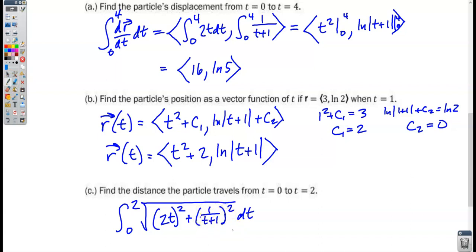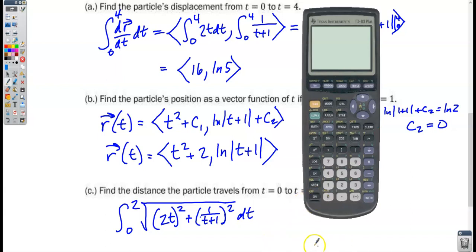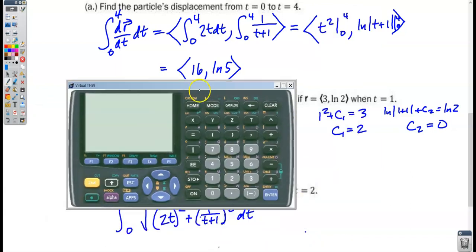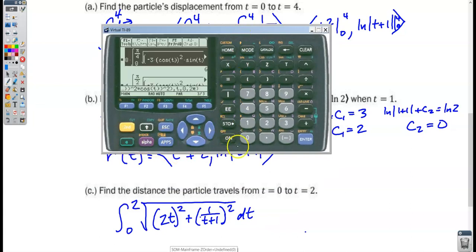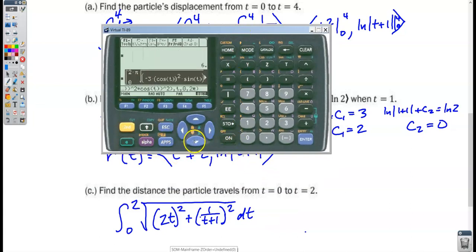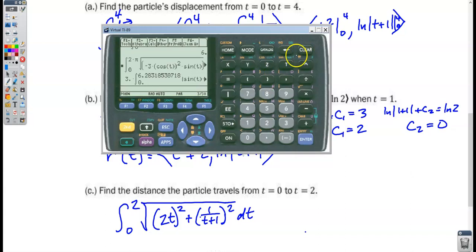And most of the time when we're doing these vector functions, say on our AP exam, we're going to have our calculator to help us. So we'll take the integral of the square root of the quantity 2t, quantity squared, plus the quantity 1 over the quantity t plus 1, quantity squared, close the square root, with respect to t from 0 to 2.